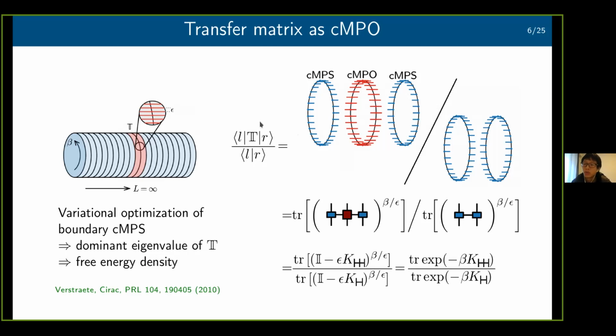We can optimize the parameters used to parameterize the CMPS to maximize this cost function. This is how we optimize the CMPS, and it is different from the DMRG method.